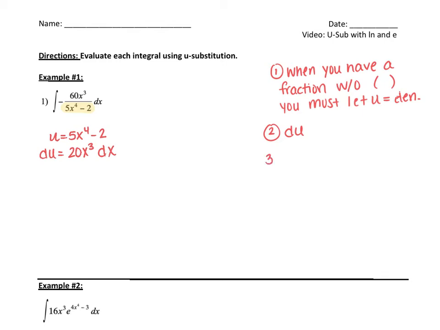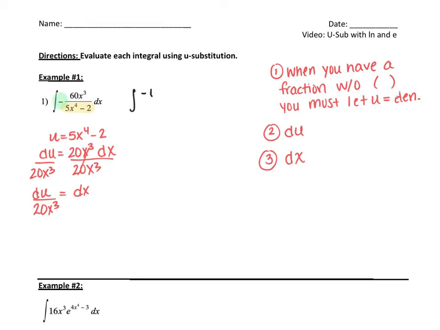Then just like we did in the previous video, we're going to solve for dx. So we're going to divide both sides by 20x to the third, and we're going to get that dx equals du over 20x to the third. So now we can go ahead and put our information into our integral. Since they have this negative on the outside here, I'm just going to put it with the numerator.